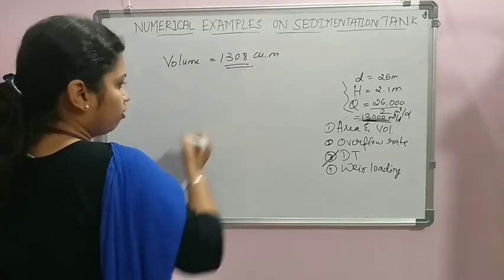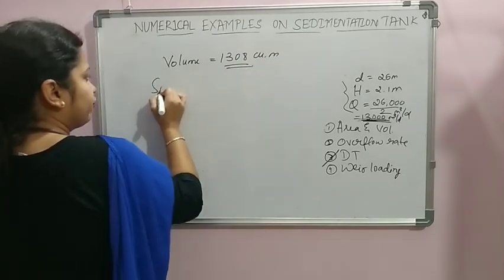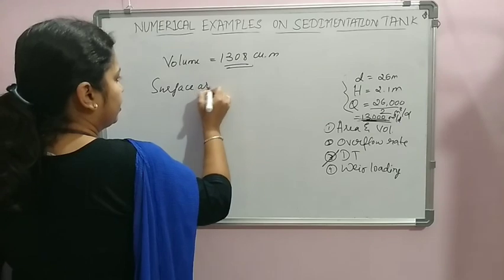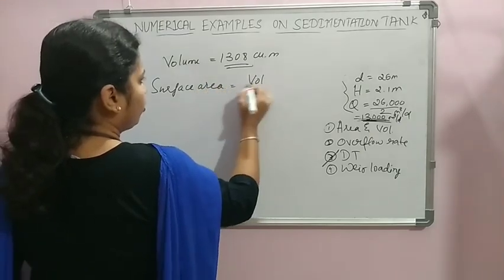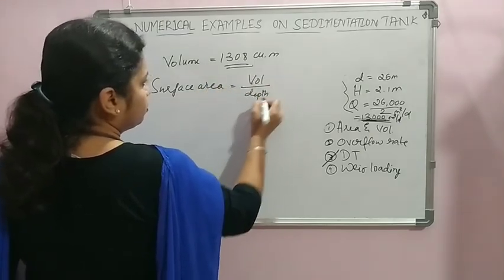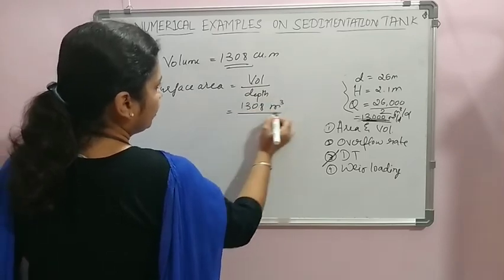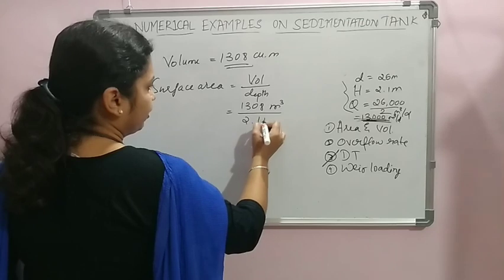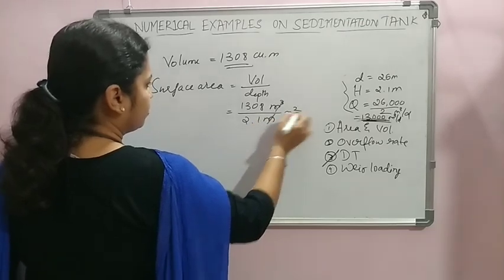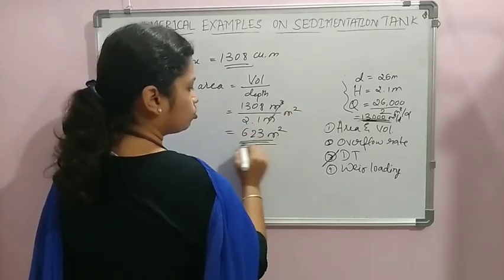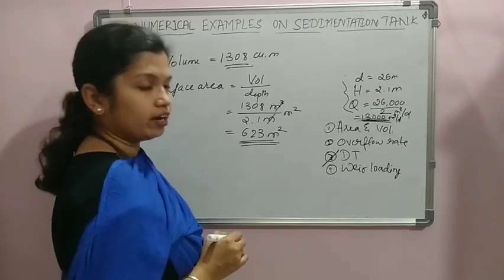Now we can calculate the surface area. Surface area is equal to volume divided by depth. So volume is 1308 meter cube divided by depth, which is 2.1 meter. The unit left out is meter square. The answer is 623 meter square.